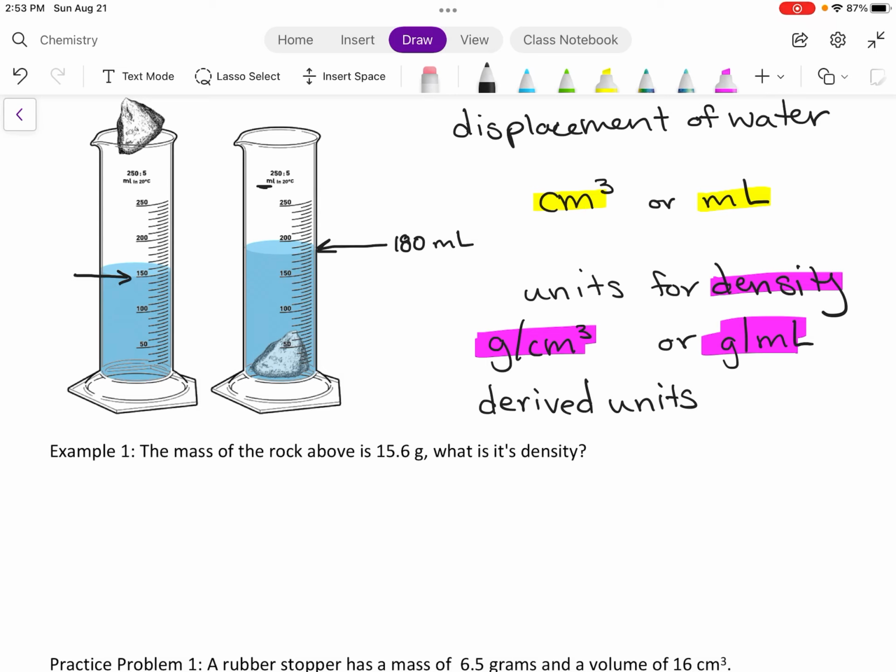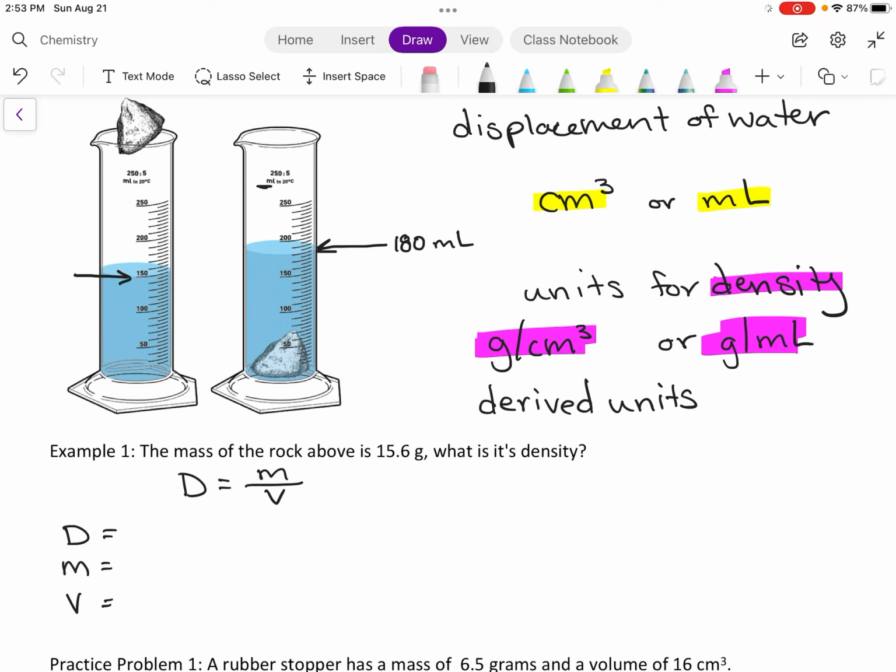So our formula for density, again, is D equals M divided by V. Density equals mass divided by volume. I'm going to go ahead and list out my three variables, and this is how I want you guys to do this too. Every time, I'm going to be looking for your variables listed out. I'm going to be looking for your work.